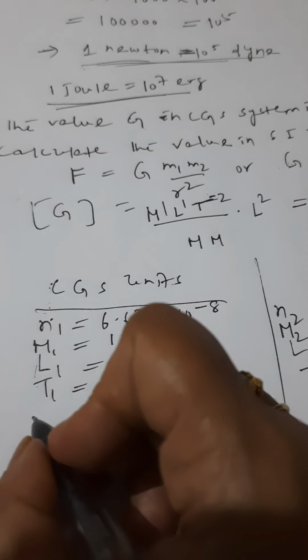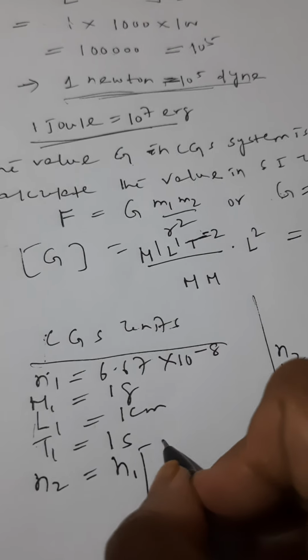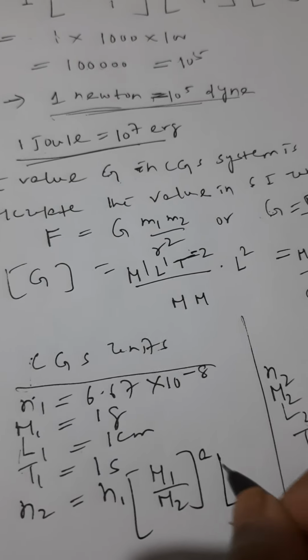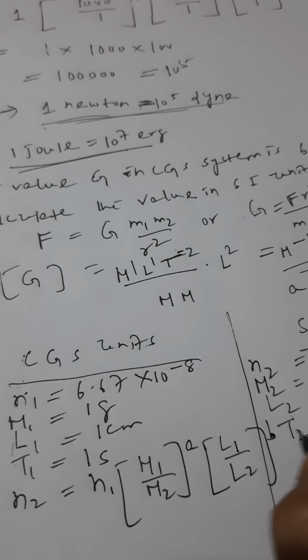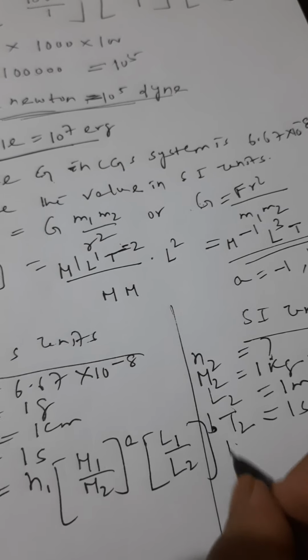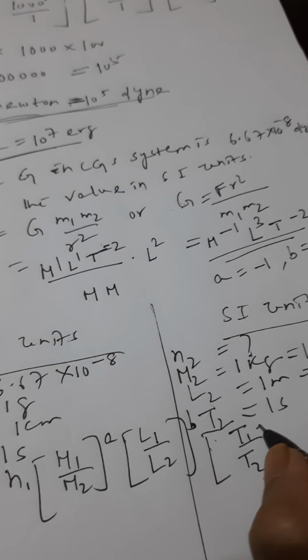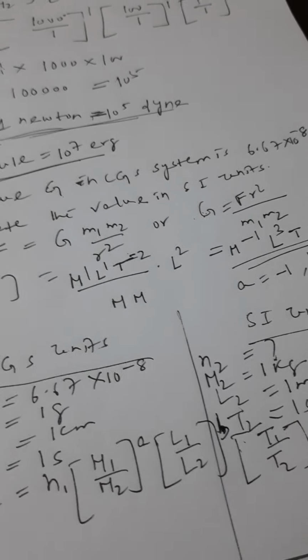And the formula is N2 is equal to N1 M1 by M2 whole to the power a, L1 by L2 whole to the power b, T1 by T2 whole to the power c.